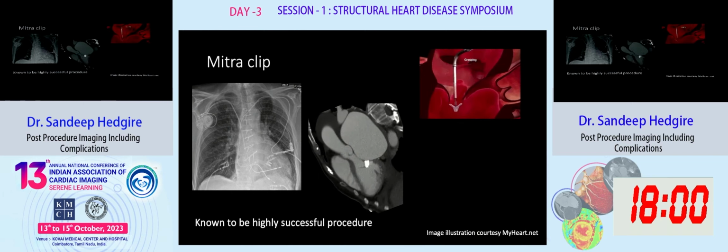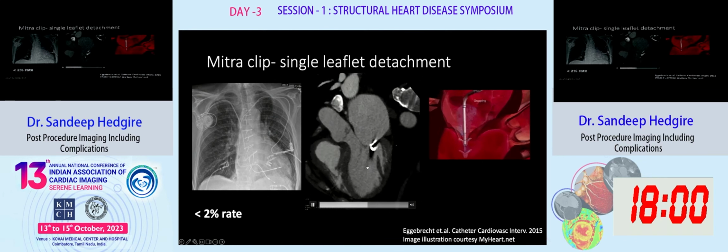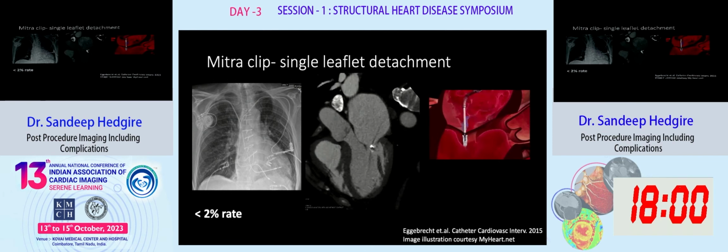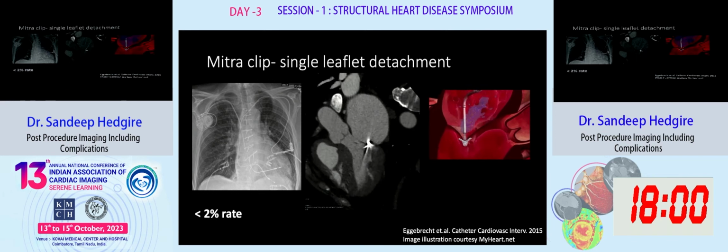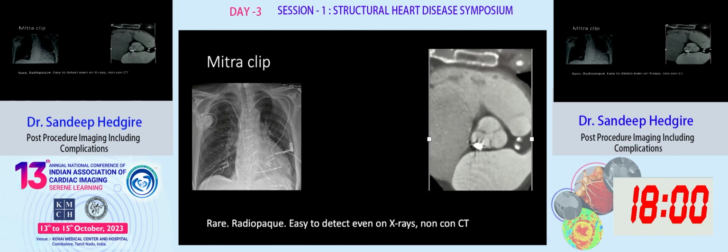Here is an example where the MitraClip did not go well, and you can see that this is fine here. But if you look at the valve on cine images, you can see that the anterior leaflet has gotten detached from the MitraClip and is prolapsing and mobile, thereby reigniting the mitral regurgitation that the patient had.